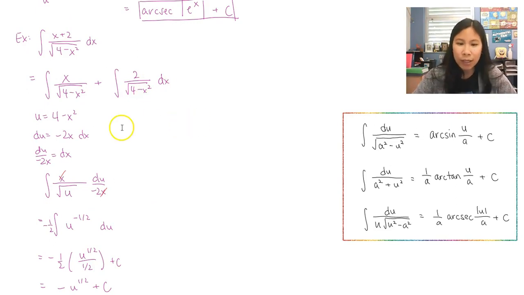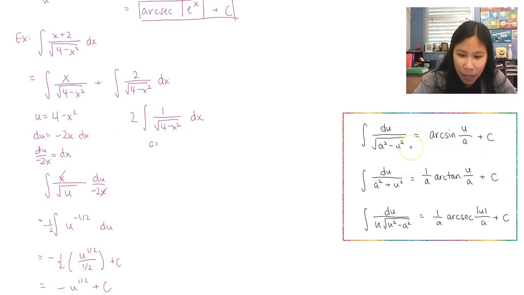Now let's deal with the second one. So we said we can rewrite this as 2 times the integral of 1 over the square root of 4 minus x squared dx, which really just looks like the arcsine formula. So that means a equals 2, u equals x, and then we don't have to do du here because if u equals x, this is exactly the same as what we want.